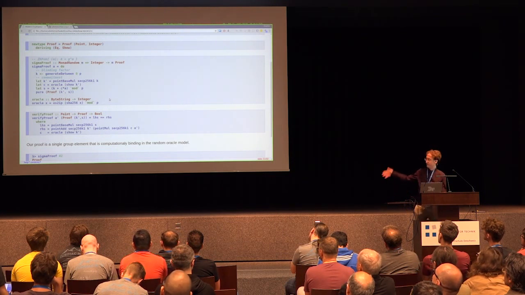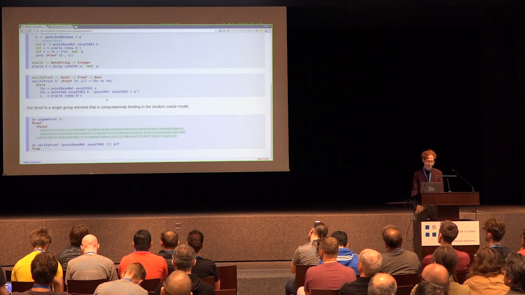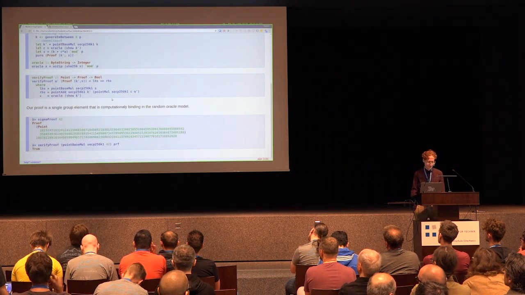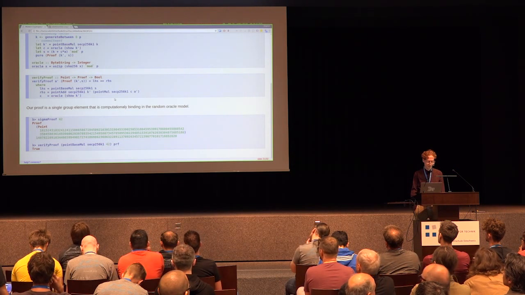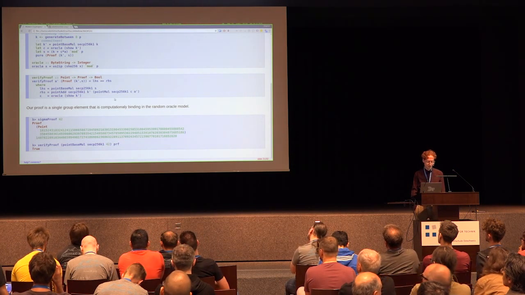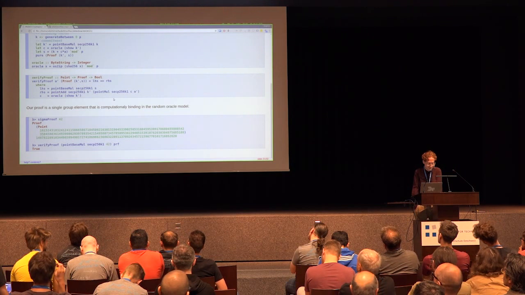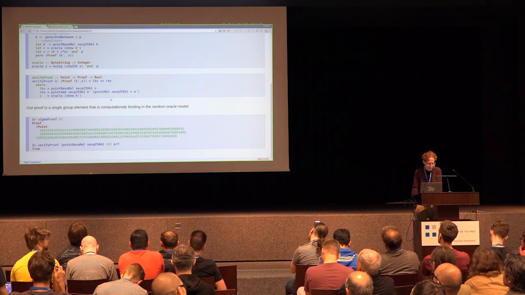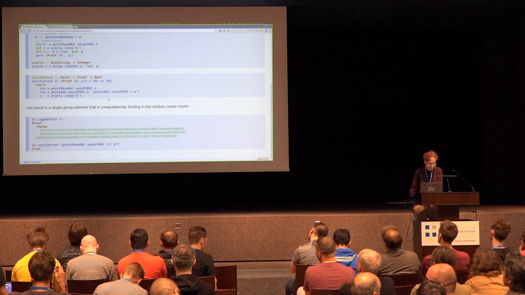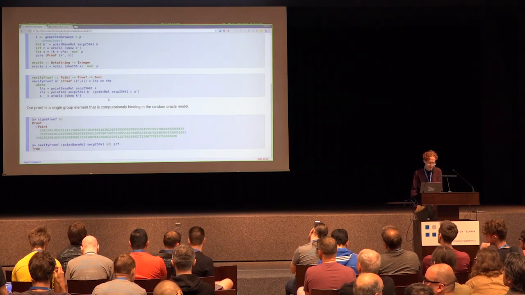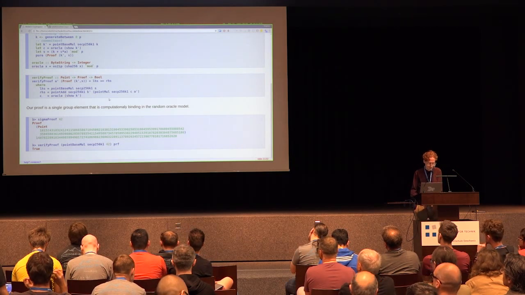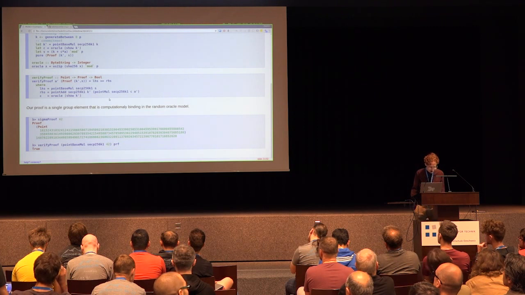It's completely obfuscated in the protocol. So Alice will send the proof over to Bob and then plug it into this verify function, which will verify the integrity of the proof.